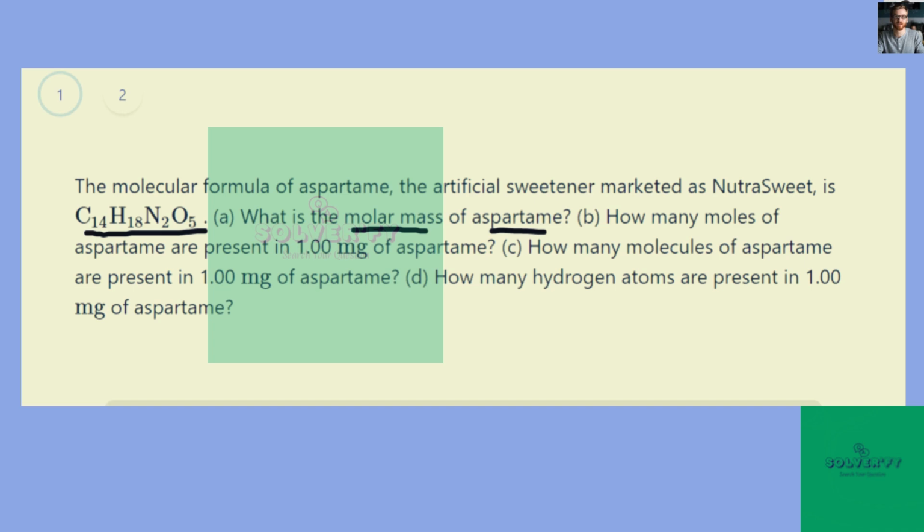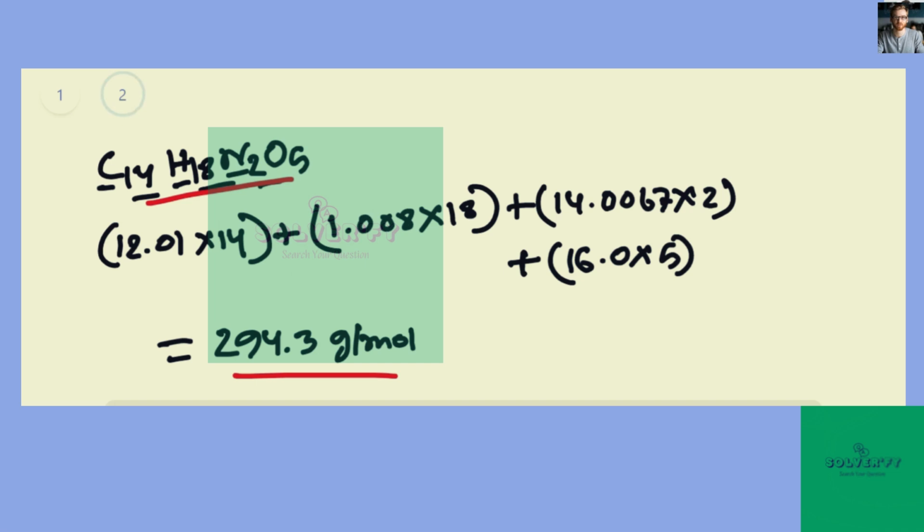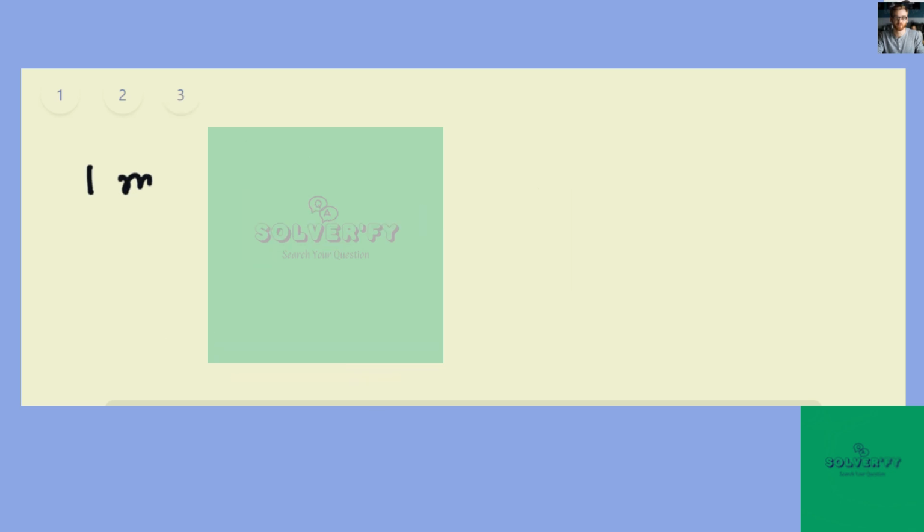Now in the next problem, we have to find out how many moles of aspartame are present in 1 milligram of aspartame. So we have already calculated the molar mass. That means 1 mole of aspartame contains this gram of aspartame. You can write it the other way, like 294.3 gram is contained in 1 mole.